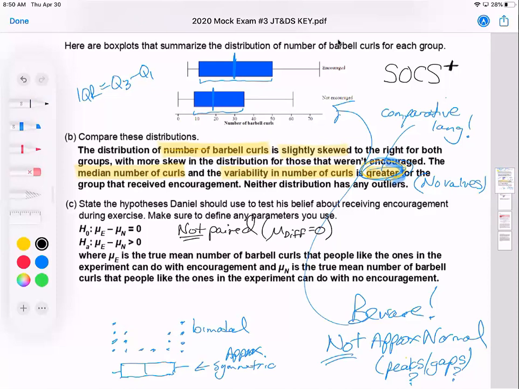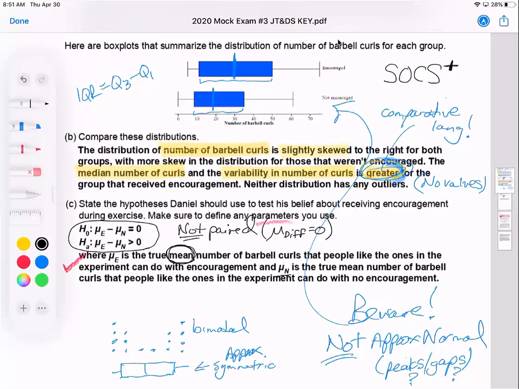So here are our hypotheses. And be careful to define the parameter. Make sure you mention the unknown mean, or true mean, or population mean number of barbell curls for people like the ones in this experiment who can do encouragement. And then mu N is for the people who don't receive encouragement.